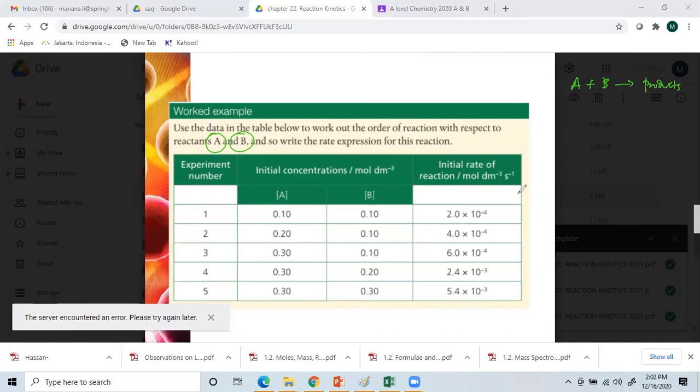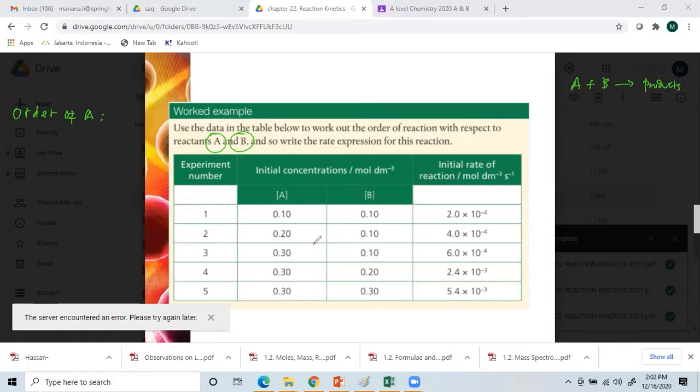Okay, to answer this question, we should look at this experimental data. To calculate the order of A, you should find experimental data where the concentration of B is constant.